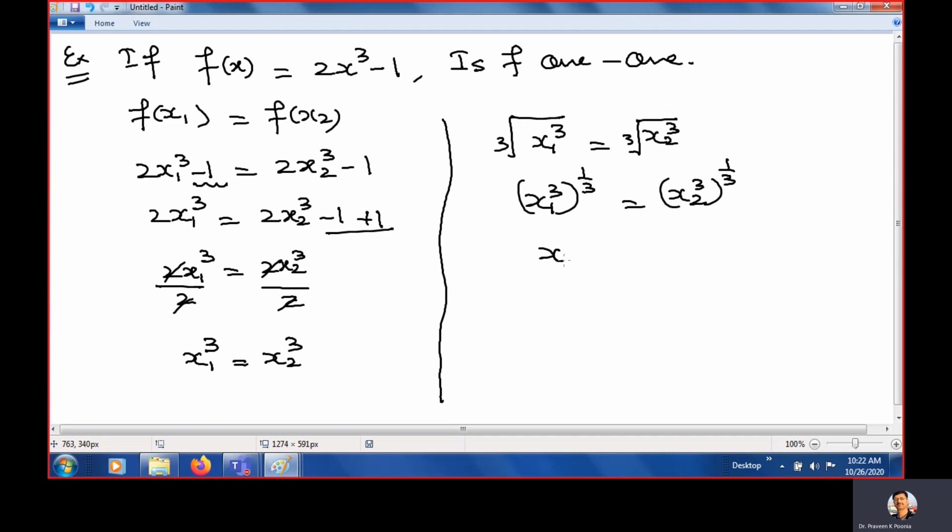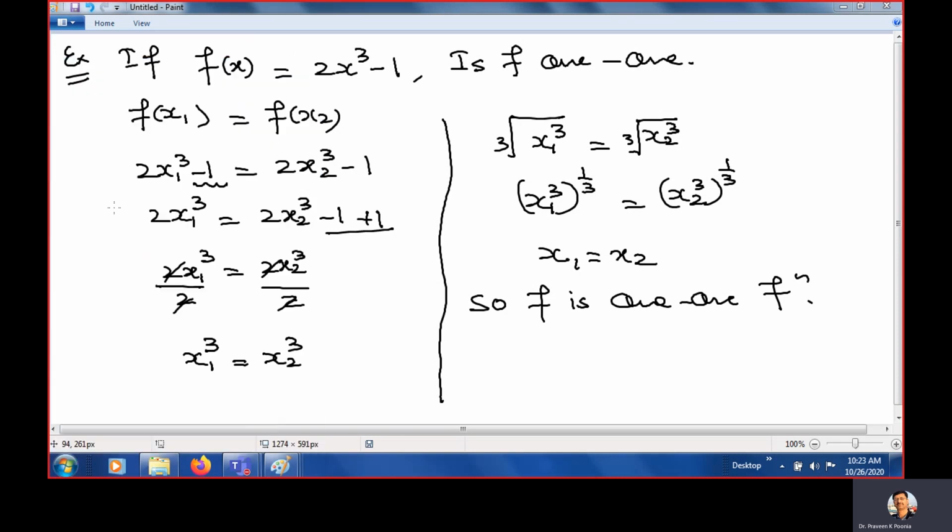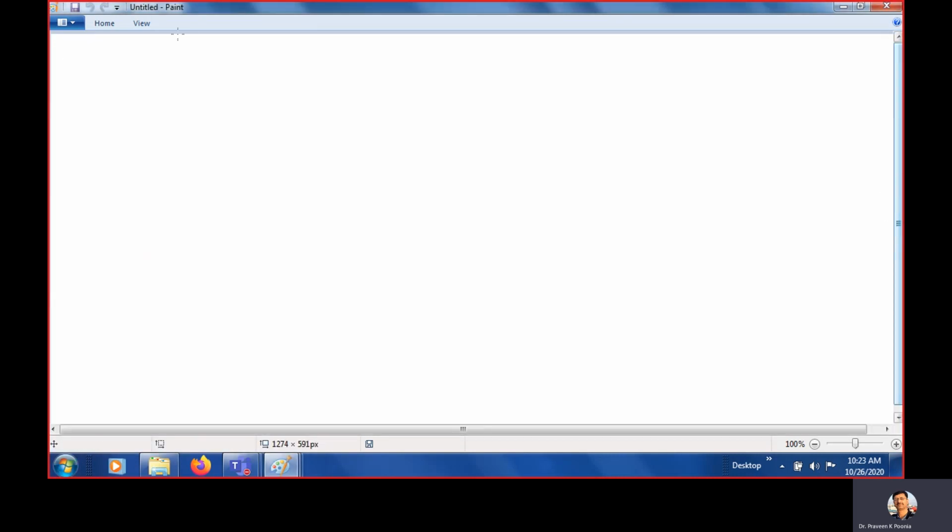These powers cancel. What we are getting? x1 is equal to x2. So f is a 1, 1 function. Clear?